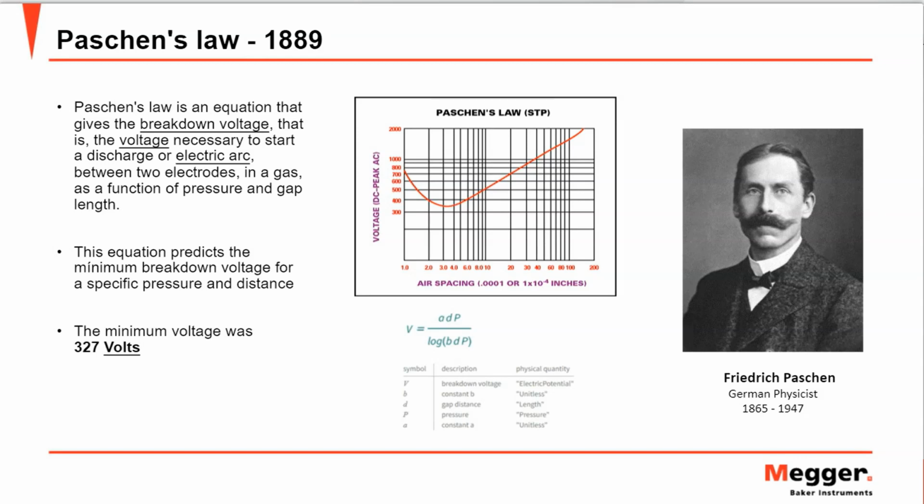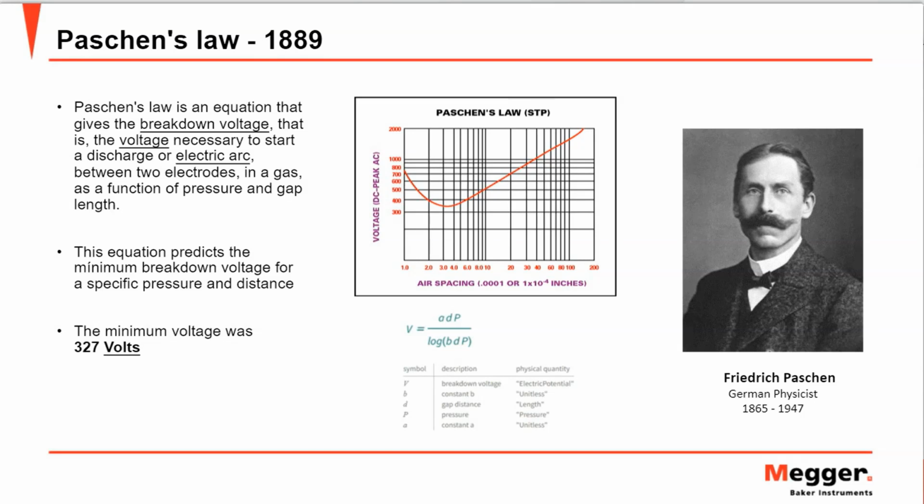And we know that between turns, inside the winding of the motor, we have only 30, 40, 50, or 60 volts between insulated copper turns. So according to this theory, we need to increase the voltage above 327 volts because we have insulation. That is the reason we have to increase the voltage over the rated voltage of the motor.